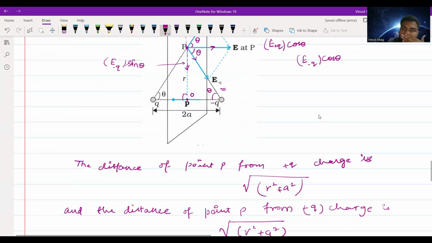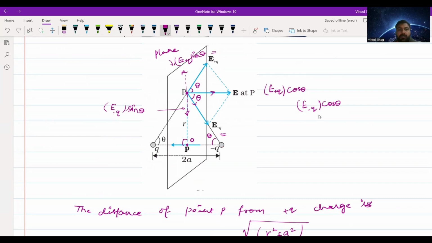So we can definitely see that this component, ये वाला component E plus Q और E minus Q दोनों सेम हो गए, तो E plus Q sin theta and E minus Q sin theta, they are opposite in direction and equal in magnitude.